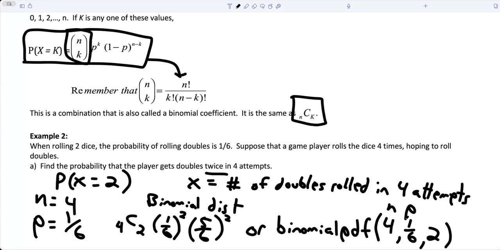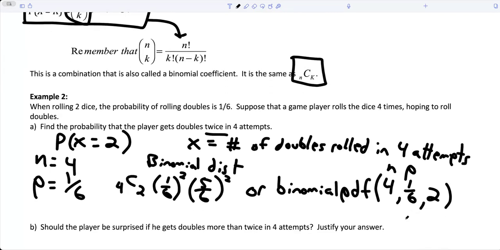So take your calculator. And let's get these probabilities. You can do either one. Everybody remember where the binomial PDF is? We go to menu and then stats and then distribution and then binomial PDF. So somebody help me out with that.